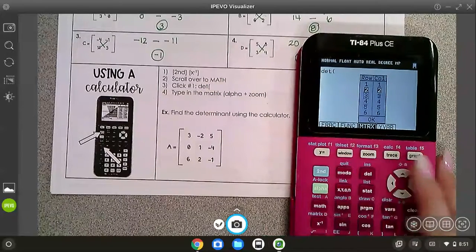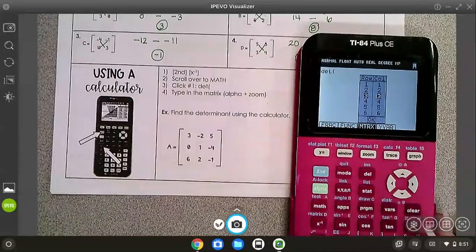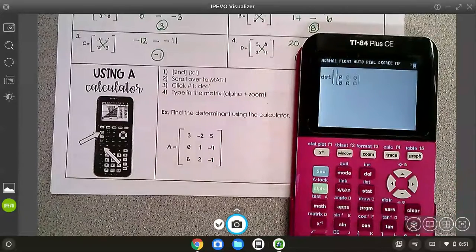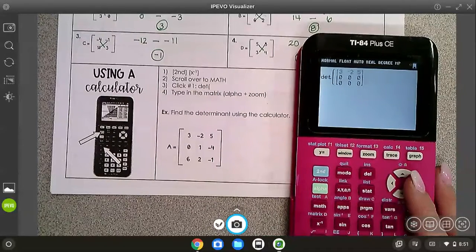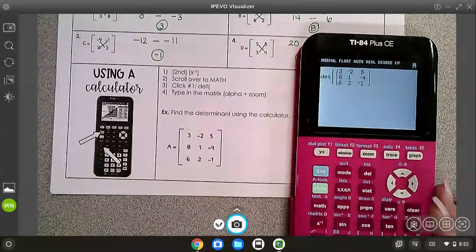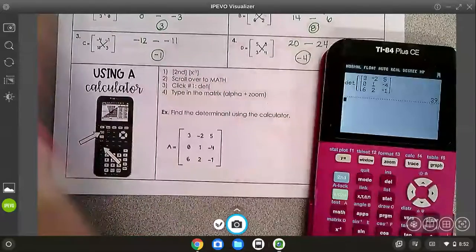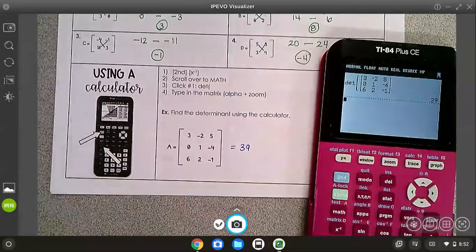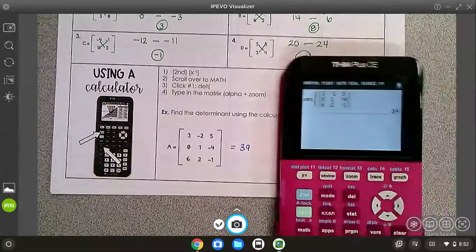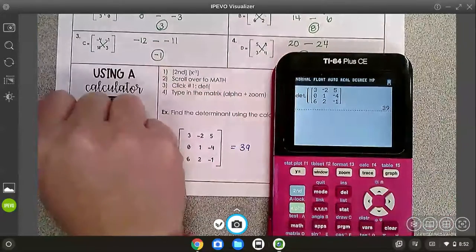We need to change our dimensions, 3 rows, 3 columns. Then you get 39. Make sure you can do it and get that number.